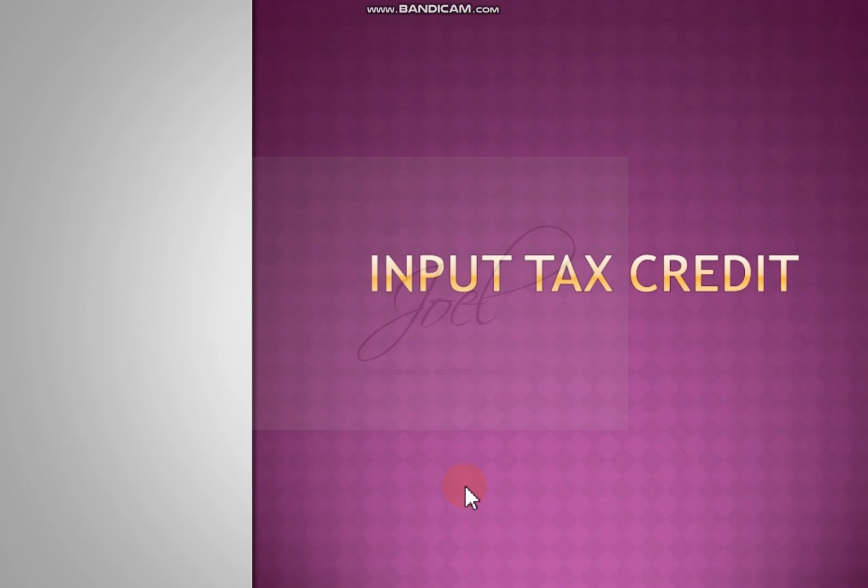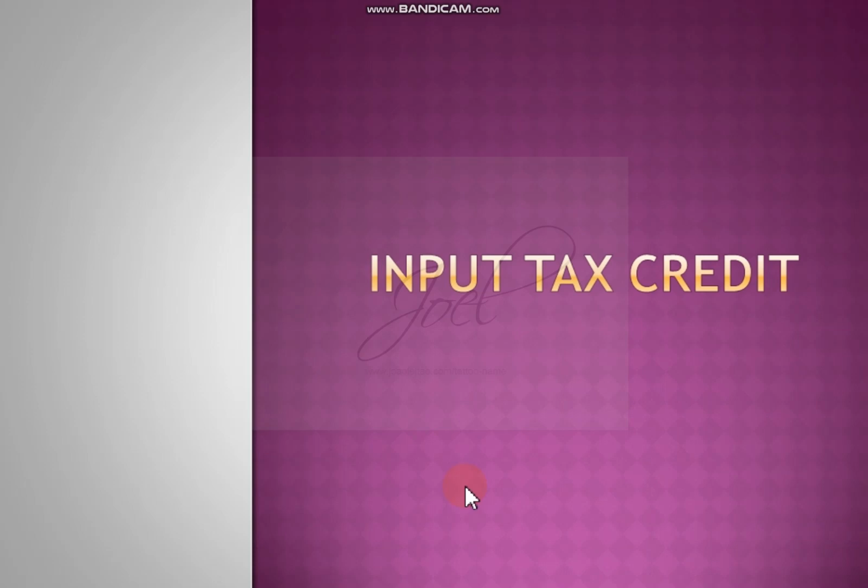So there are three types of taxes: output tax, input tax and net tax. Output tax is the tax collected at the time of sales. Input tax is the tax you paid to the persons from whom you purchased the items. And net tax is the difference, the answer you get after the adjustment.